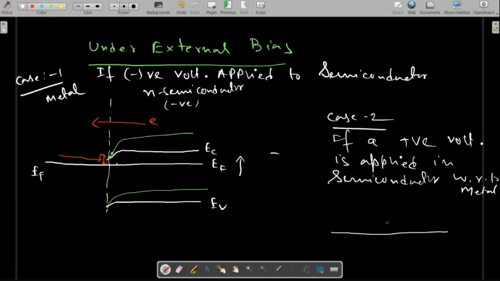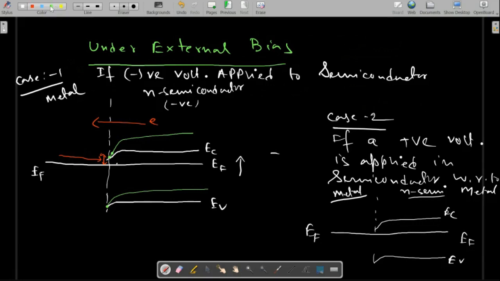Just see. This is our band. This is the metal, this is the N-type semiconductor, with the conduction band, valence band, and Fermi level.